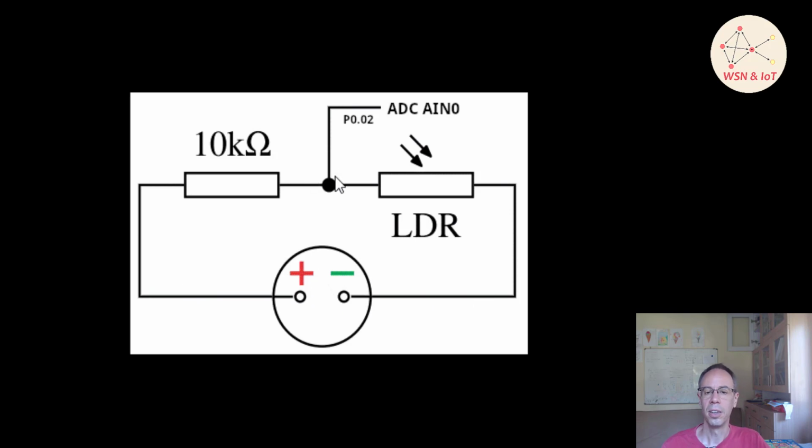In the middle we take the value and put it to our analog digital converter, so we are measuring the voltage here. When it's lighter, the resistance is lower, and when it's darker, the resistance is higher, so we get different values.